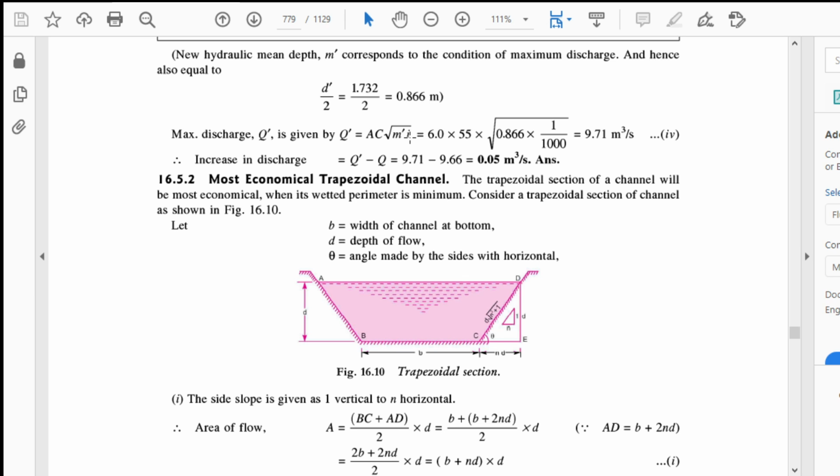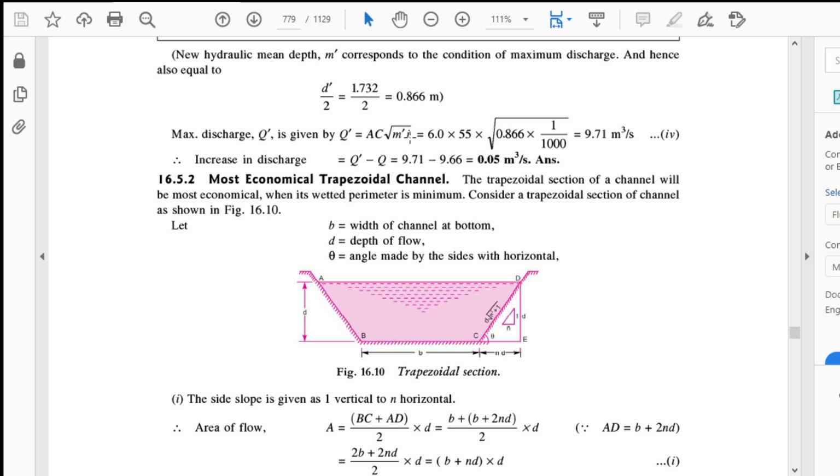C they have already given. Now the hydraulic mean depth or hydraulic radius is the only thing changed here, because the original dimensions are different, so the perimeter is changing with the new dimensions. So here the only changed value is M.